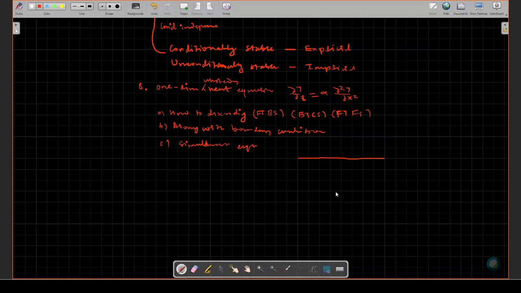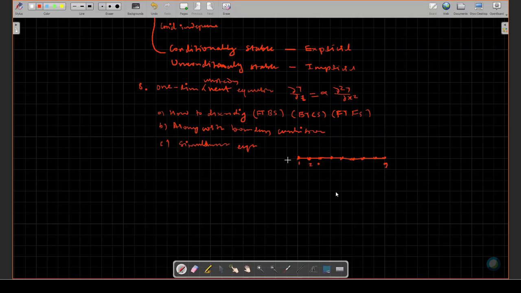Suppose your 1D domain is like this and you have divided your 1D domain into these many grid points, then you will have these many equations. So this is 1 2 3 4 5 6 7 8 9. So you will have 9 equations.